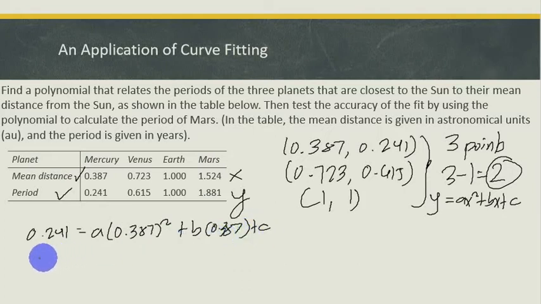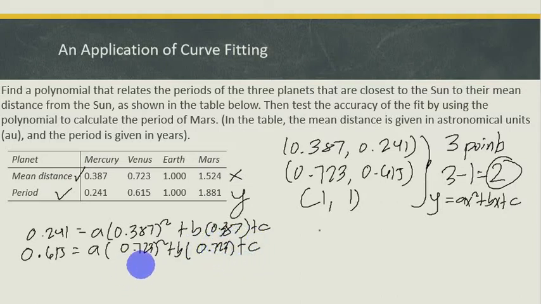From the values of Venus, we have 0.615 equal to a times 0.723 squared plus b times 0.723 plus c. Then from the values of Earth, we'll have 1 is equal to a times 1 plus b times 1 plus c.